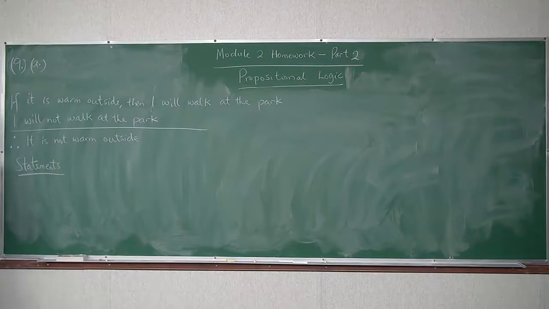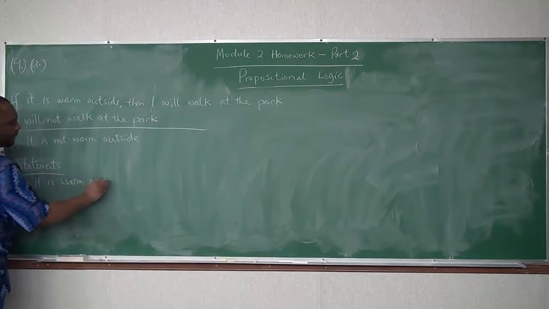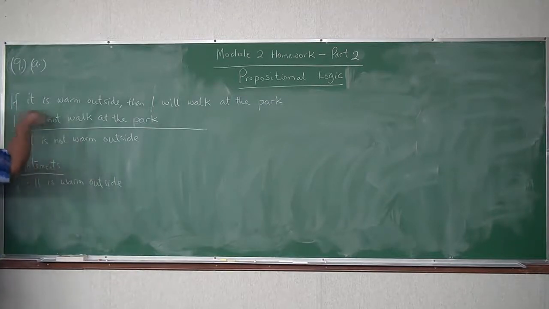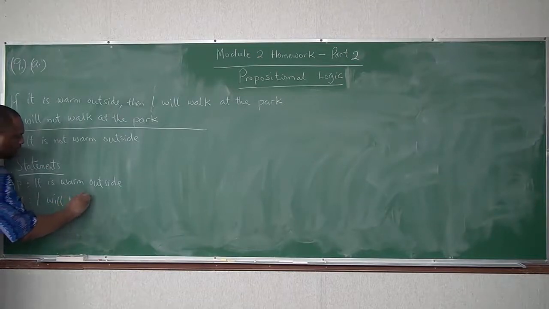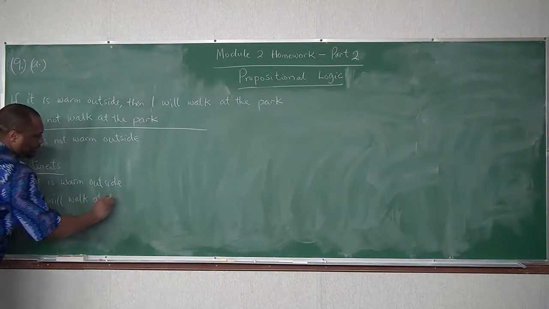So, statements in symbolic logic: P will be, it is warm outside. That's the first thing we see here. Q is, I will walk at the park.